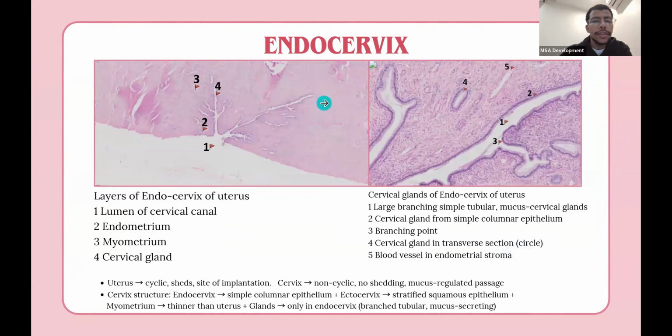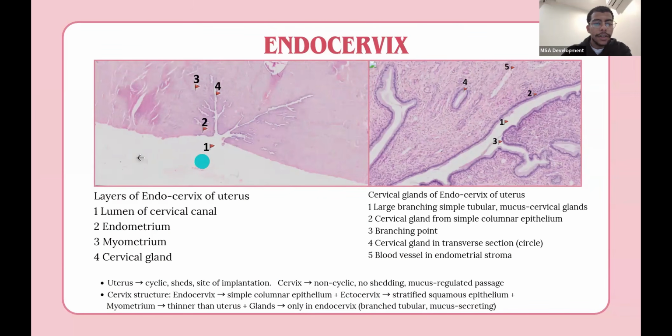Now, endocervix. Endocervix is basically the upper portion of the cervix. At the end we have an X. You can identify it by the upper half of the X, which is here. Endocervix.